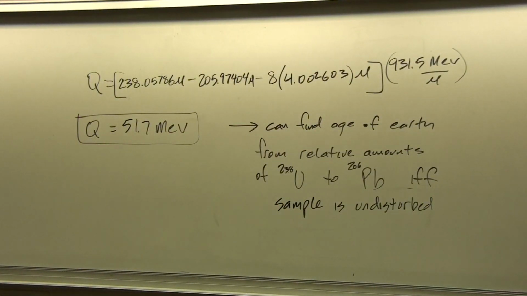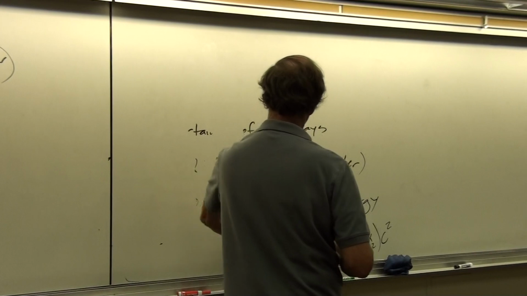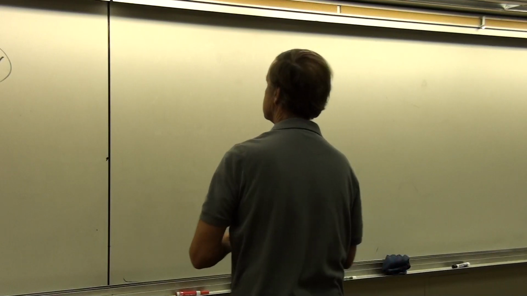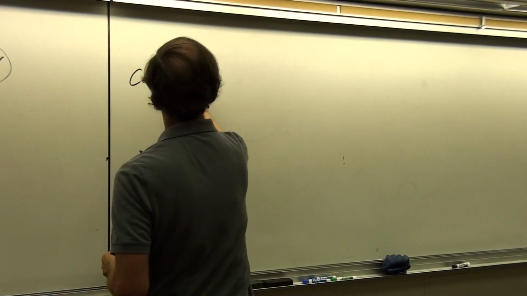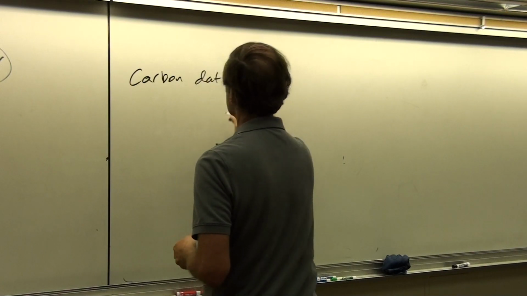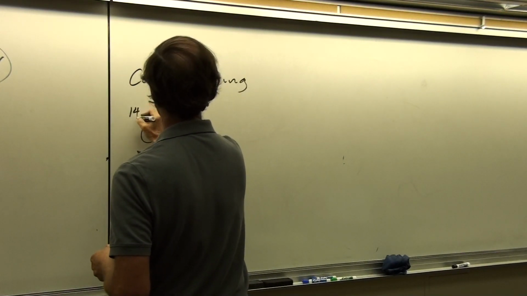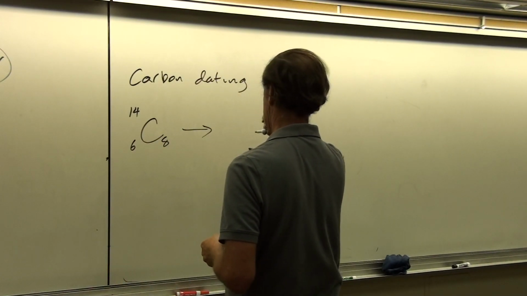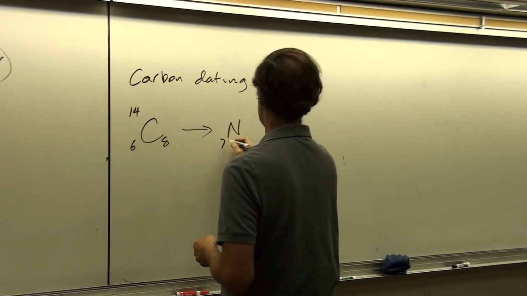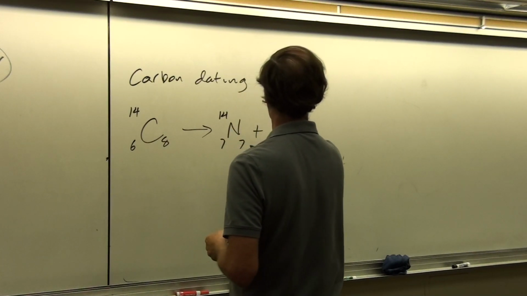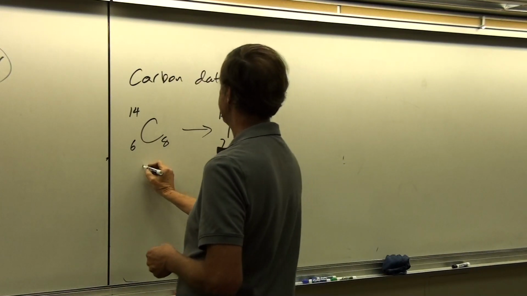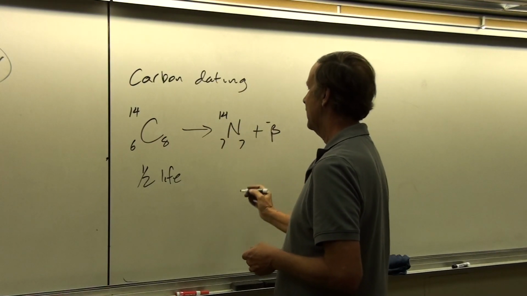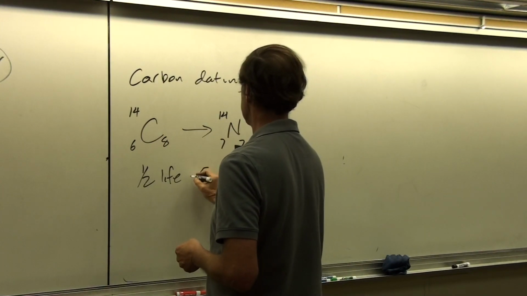In carbon dating, you have a sample like carbon-14, this would be 6, 8, and that tends to go to nitrogen-14, 7, 7, 14, plus a beta particle. And so the half-life of that reaction, because it's a beta decay reaction, is about 5,000 years.